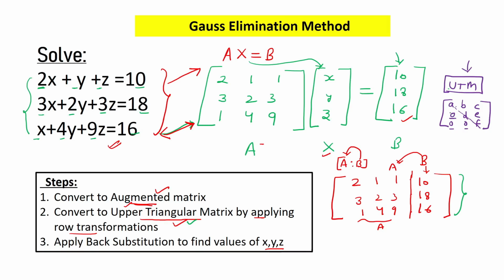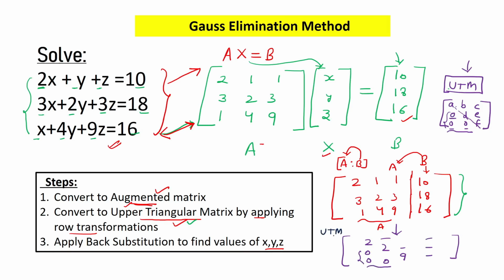You have to take care that all the elements below the primary diagonal should be zeros. That means we have to convert this augmented matrix in such a way that all the elements below this 2 to 9 should be zeros. These elements can be anything, but these three elements should be zeros.